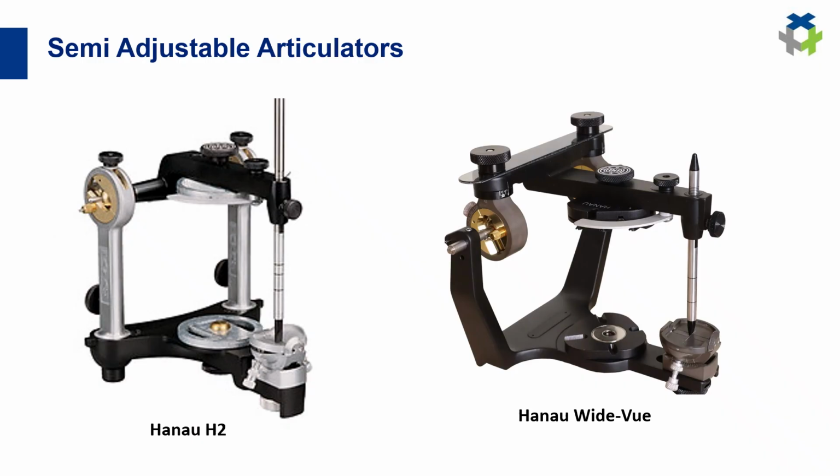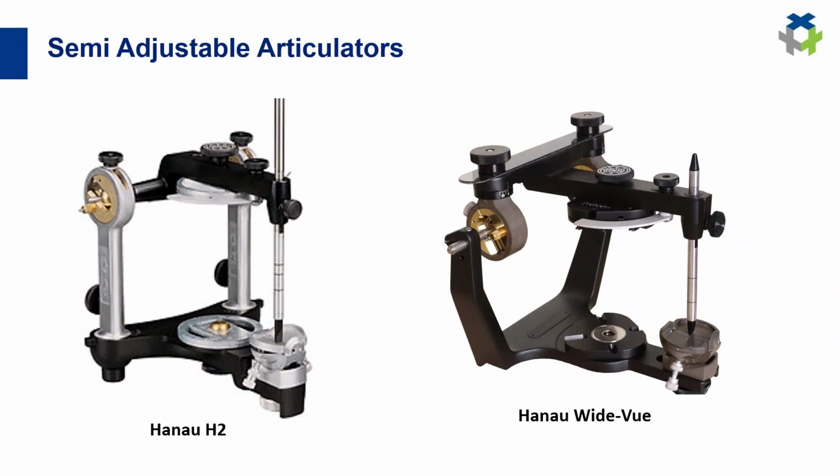So more sophisticated articulators, which are called semi-adjustable articulators, are more commonly used for fixed partial dentures because of their improved accuracy and the ability to adjust or program the articulator according to the patient's jaw movements.